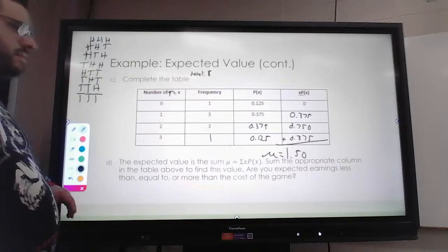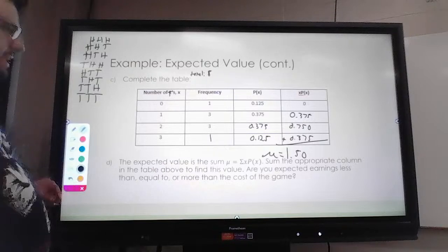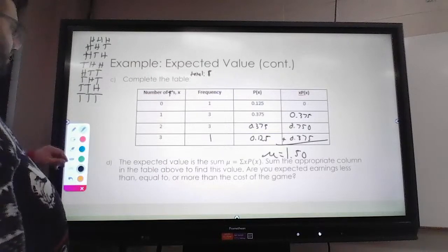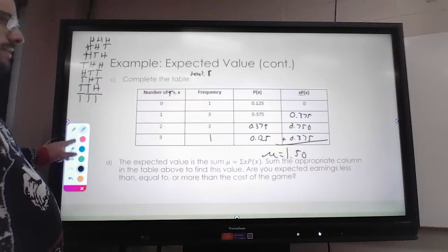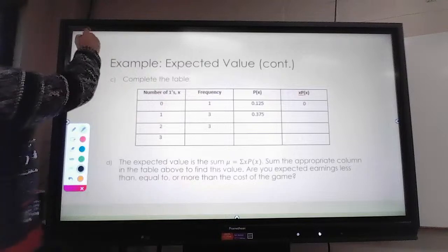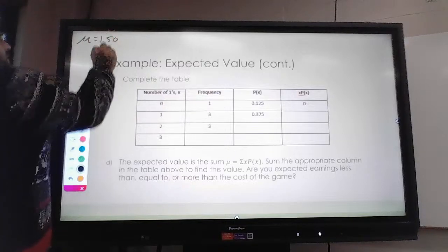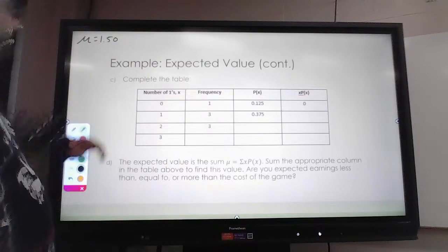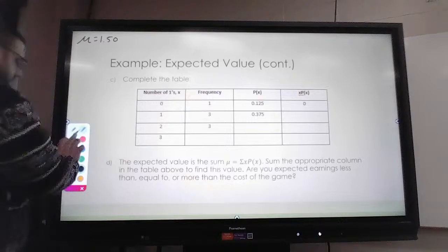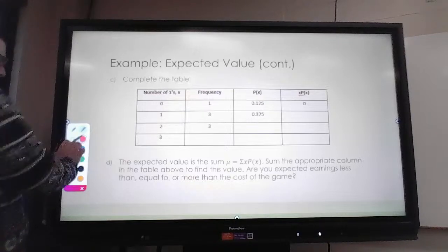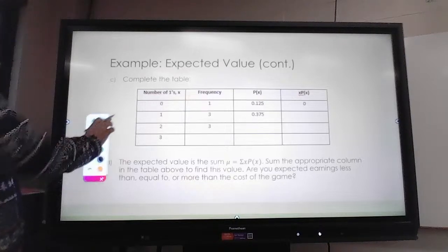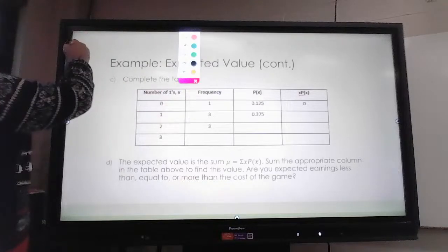Okay. Let's go a little bit further and calculate the variance and standard deviation. So I'm going to take this off. Remember, our expected value is 150. So here's x, which means I'm going to need x minus the mean, and x minus the mean squared.